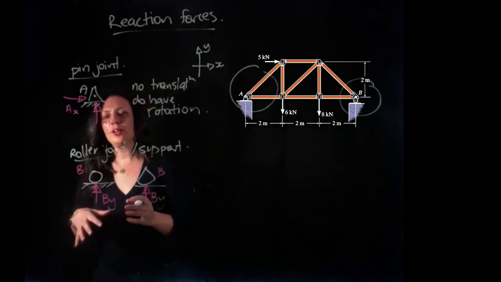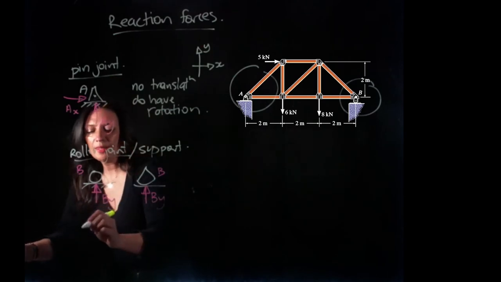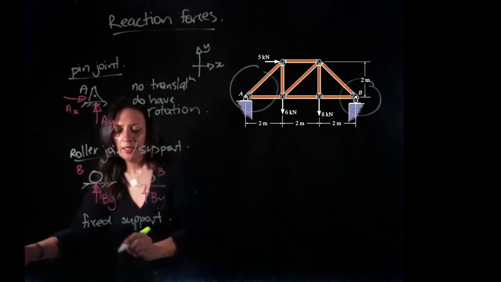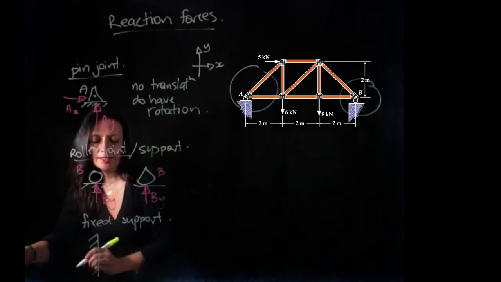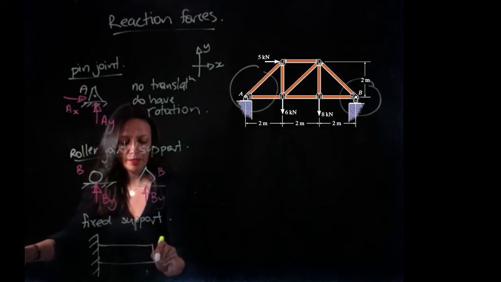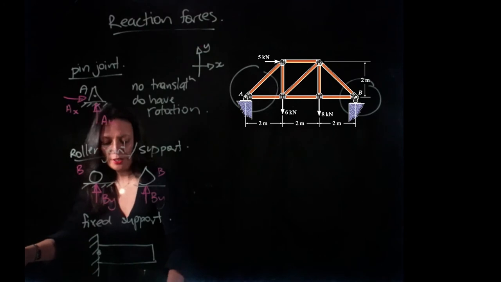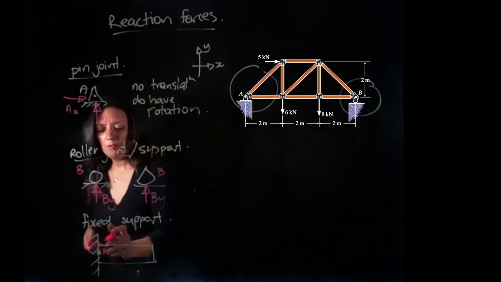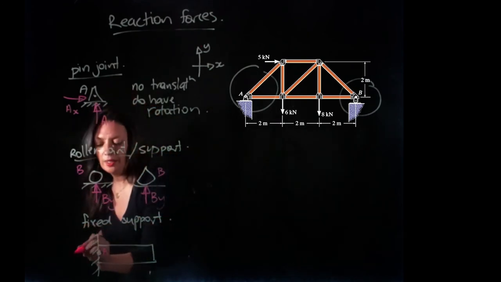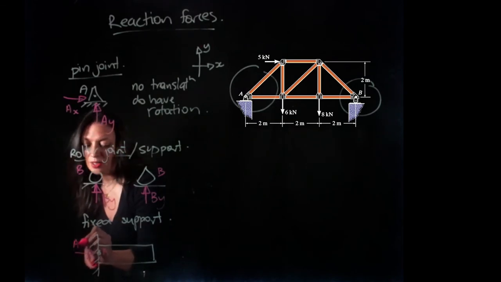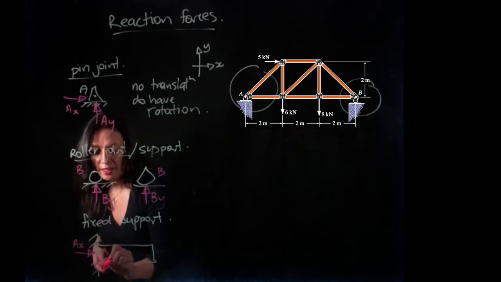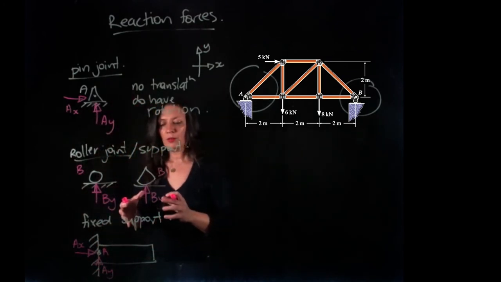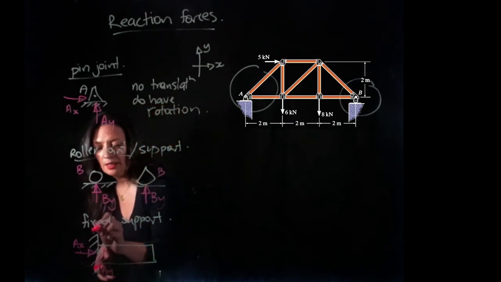The last reaction force we have is a fixed support. And here it's typically shown as a wall and a beam that is fixed at point A. So at point A, it's similar to a pin joint where you're going to have a reaction at AX and a reaction at AY in the vertical, because it cannot move, and there's one more reaction force we're going to have, and that's going to be a moment.